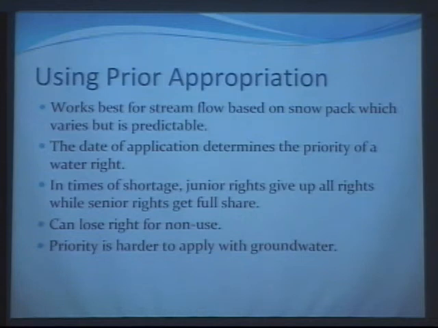So if they know that the snowpack is only half of what it is normally, a person could figure their odds of being able to get a full amount of water. If you have an early right, then you don't worry about it. But if you have a junior right, there may be some years where you have to make plans where you may not be able to irrigate as much as you'd like. So in times of shortage, the junior rights have to give up.